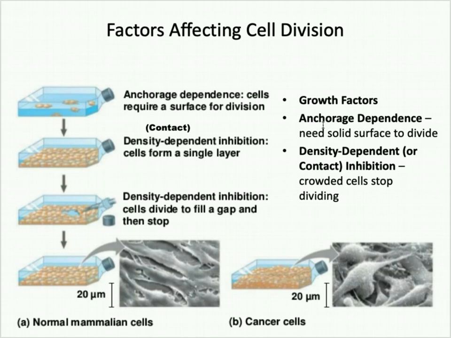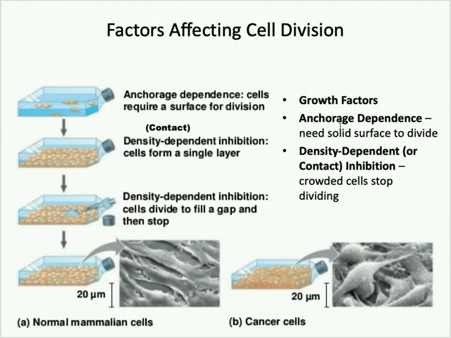Another factor that will affect cellular division is something called anchorage dependence. Anchorage dependence is when the cell needs some kind of surface to divide on. In the lab, it's this plastic flask that the cell will adhere to, and then it'll start to multiply and divide.